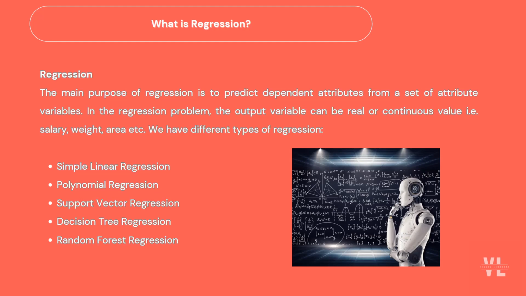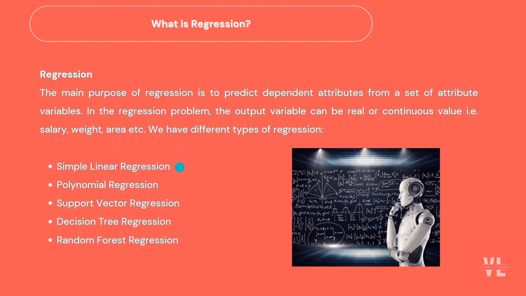The main purpose of regression is to predict dependent attributes from a set of attribute variables. And in the regression problem, the output variable can be a real or continuous value, such as salary, weight, or area, etc.